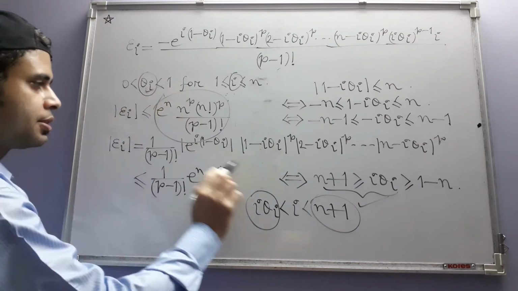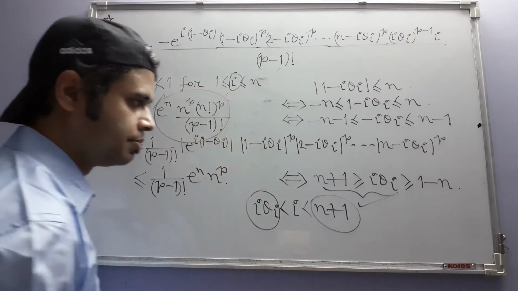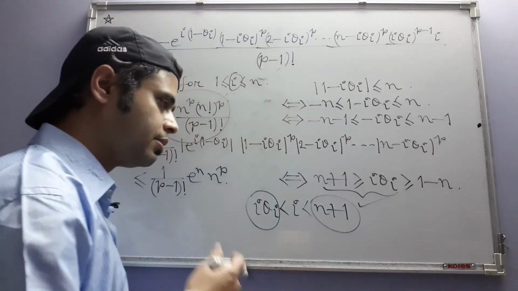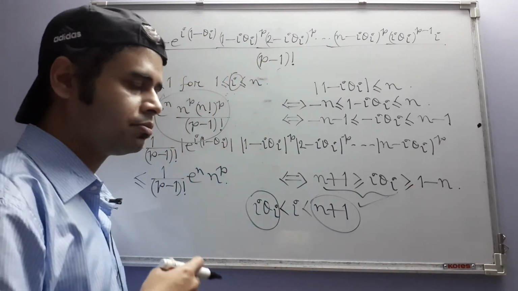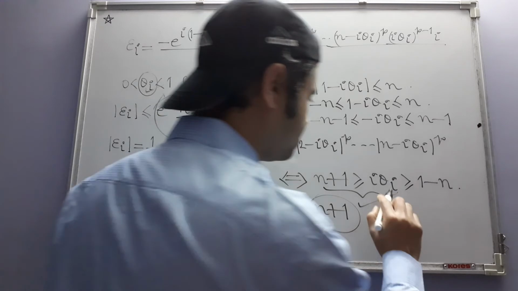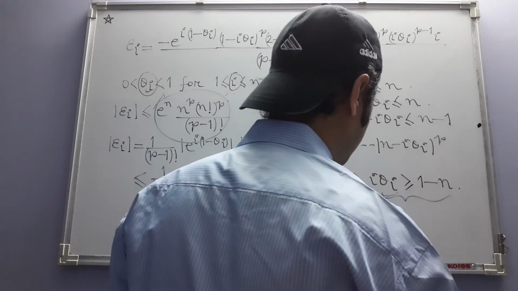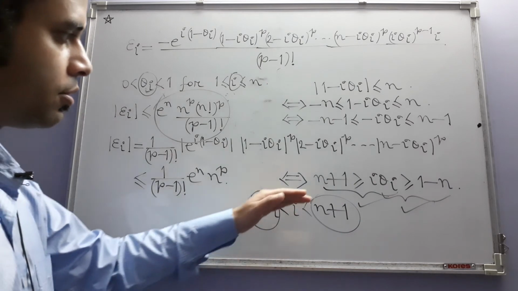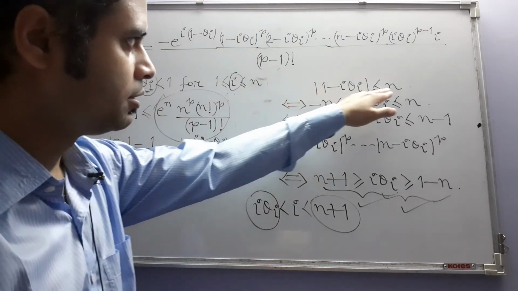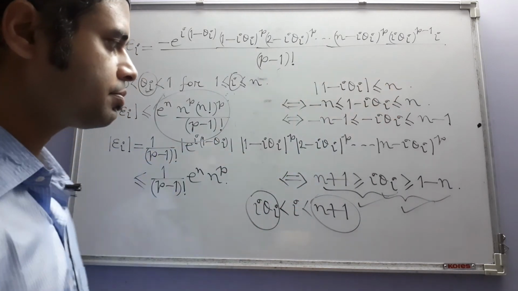Theta I is positive and I is a positive integer. And if n is greater than 1, then this becomes negative. So we are in a more convenient position. So this inequality is also true. So that means this is true.